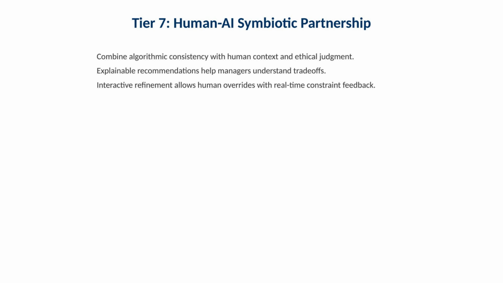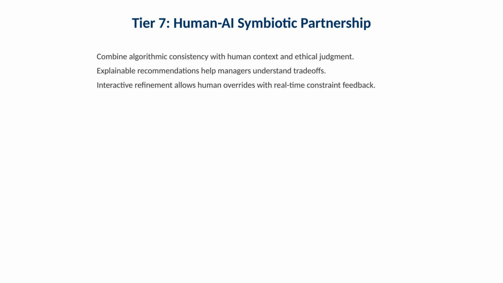Tier 7 focuses on collaboration, a human plus artificial intelligence partnership, sometimes called a centaur model. The idea is that artificial intelligence can process huge constraint sets consistently and propose strong schedules while humans contribute contextual judgment, relationship management, and ethical oversight.